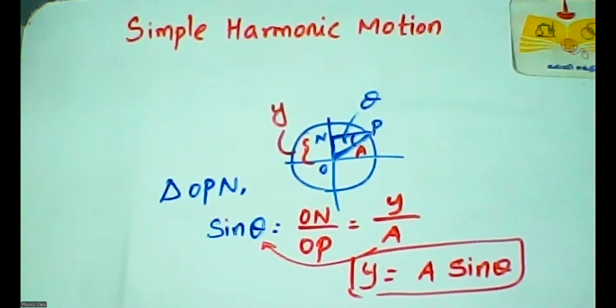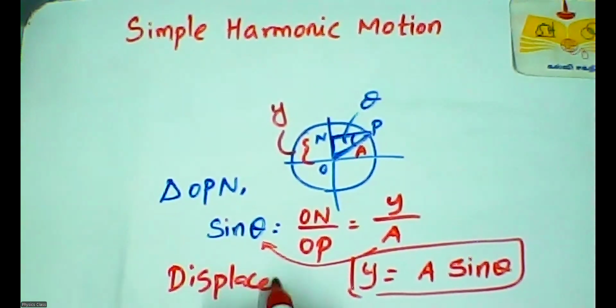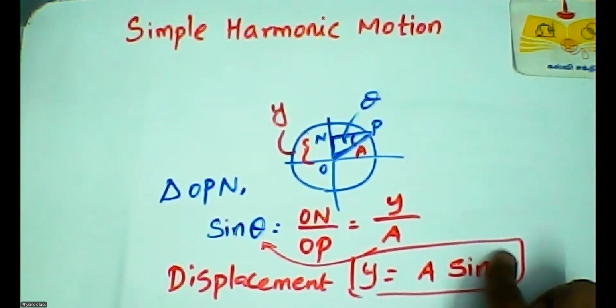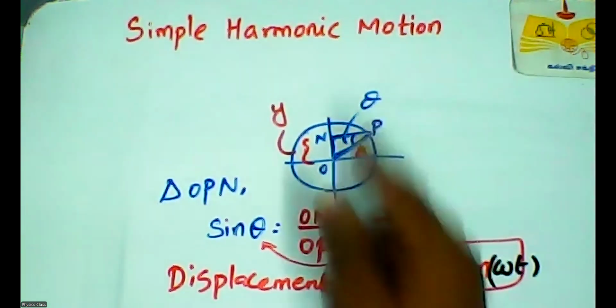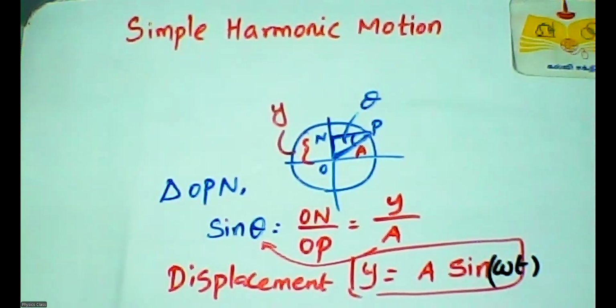So this is a displacement. We can replace theta by omega t, because we already know that theta is equal to omega t. Now we have a displacement for this circular motion in simple harmonic motion.